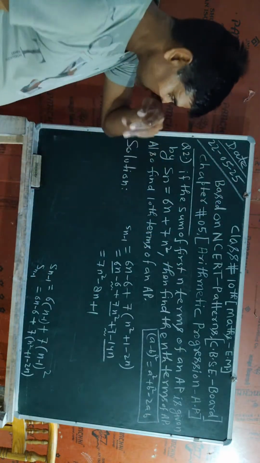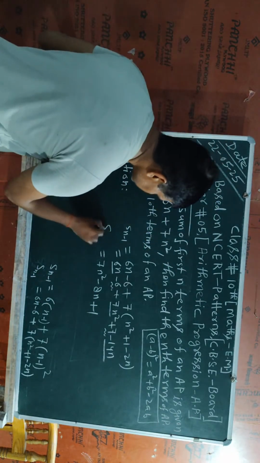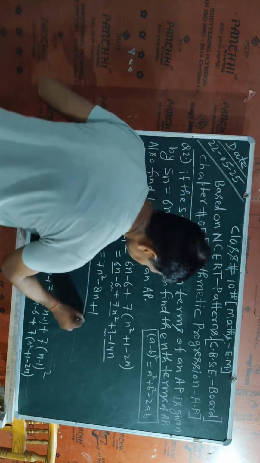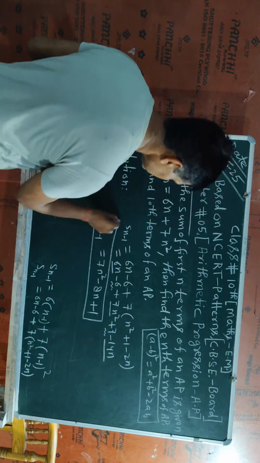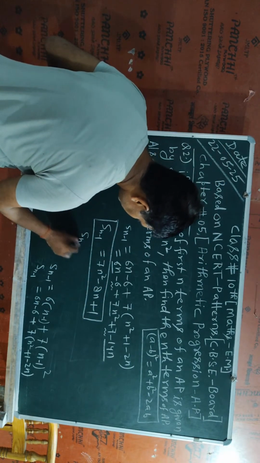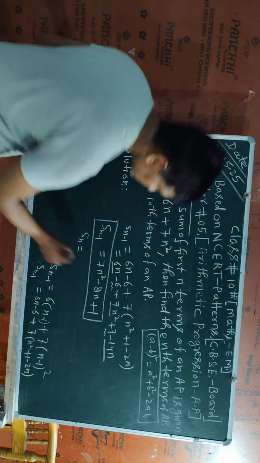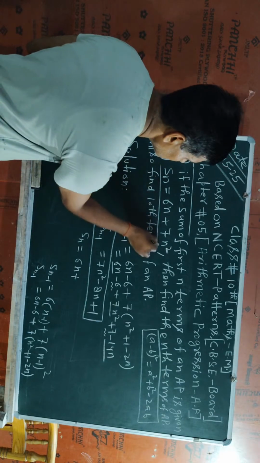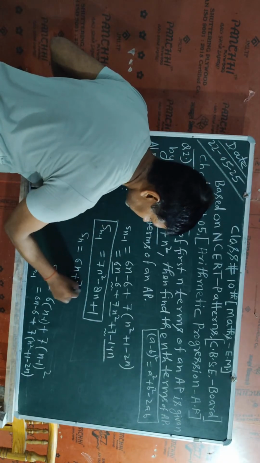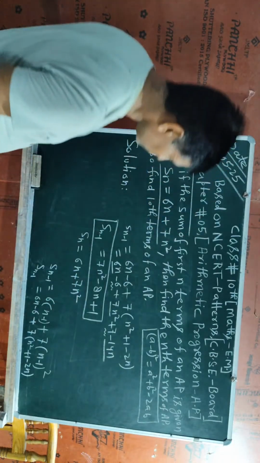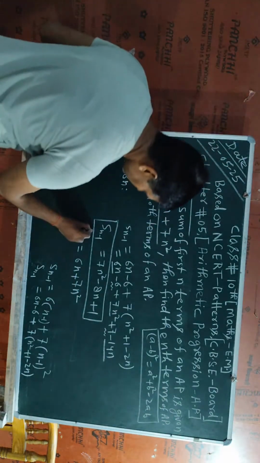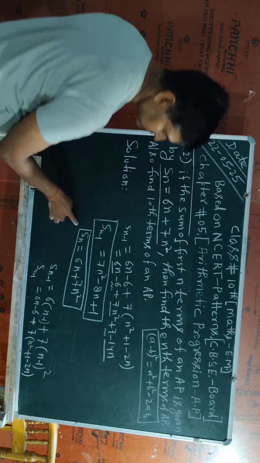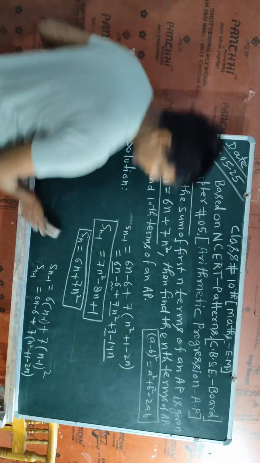So after simplification I have got its value, S_(n-1), which is equal to this much, and the value of S_n is also available. S_n is equal to 6n plus 7n square. So both values I have got. So we have to take the difference of this term minus this term, and that will be the nth term.